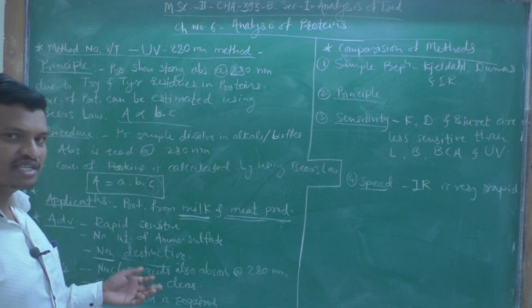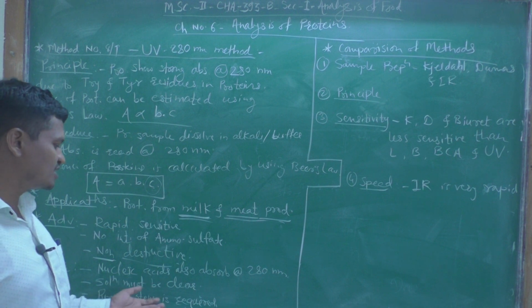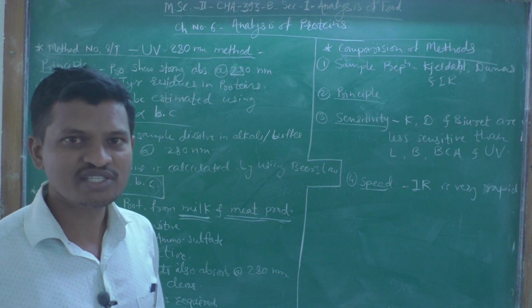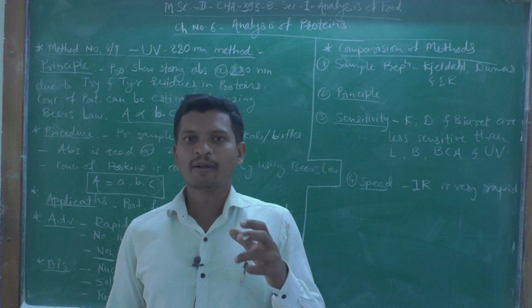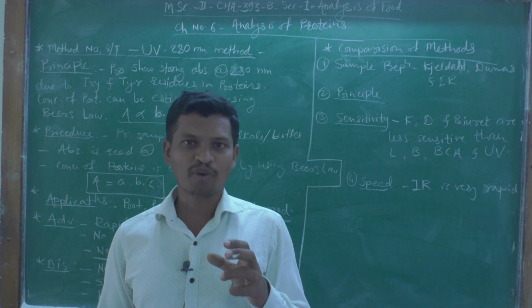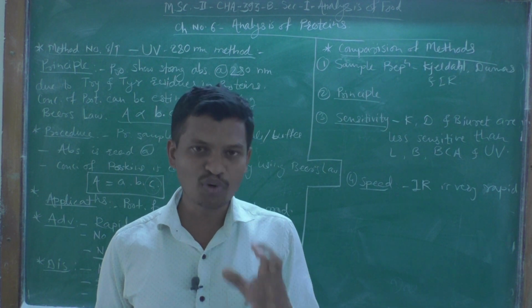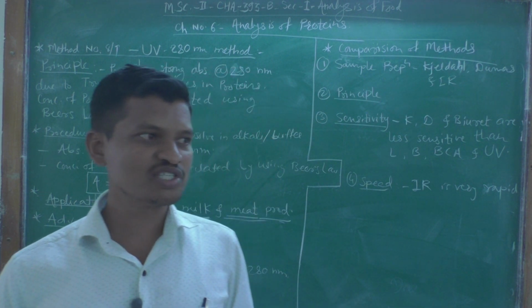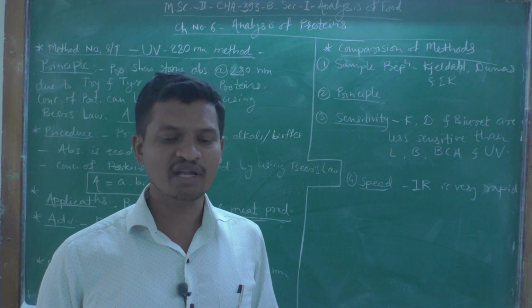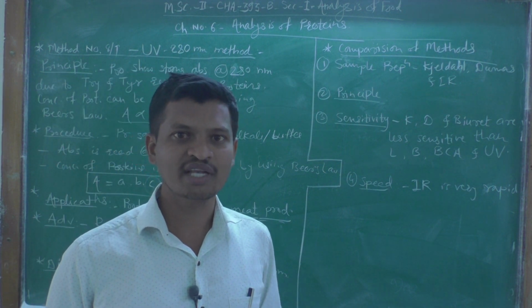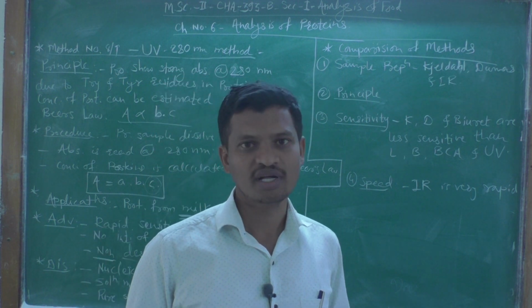The reason is the same here: a pure system is required for this absorbance spectrophotometry determination. The food sample must be pure. If any impurity is present, it may interfere with your results.